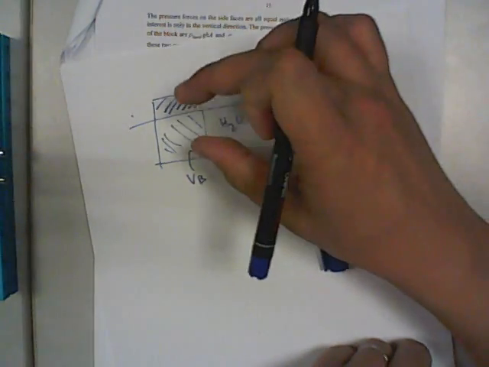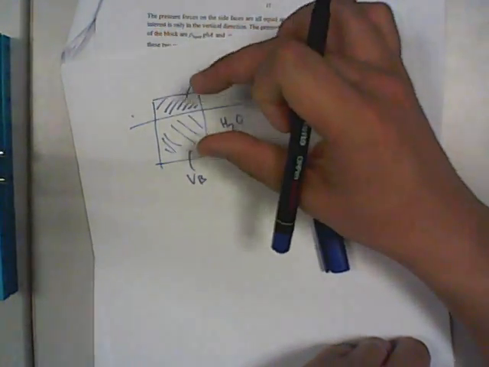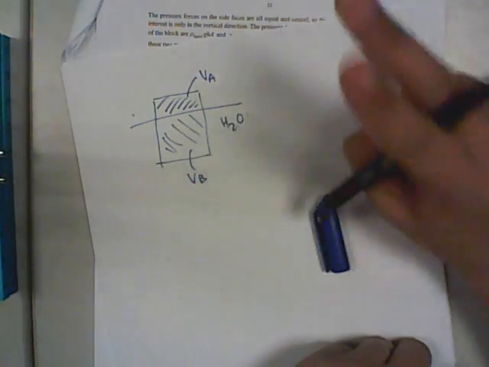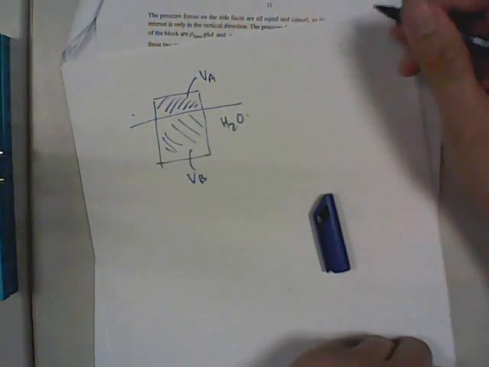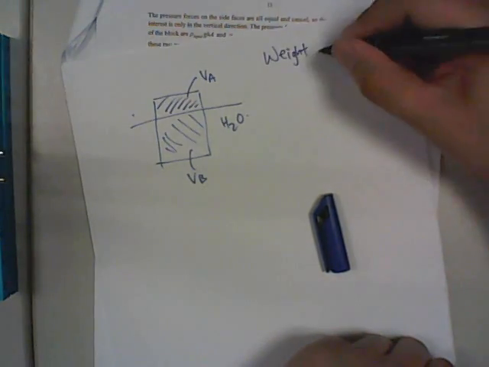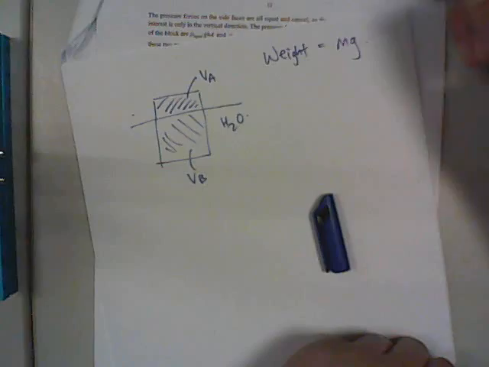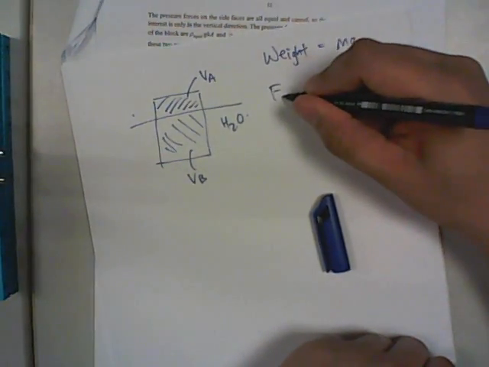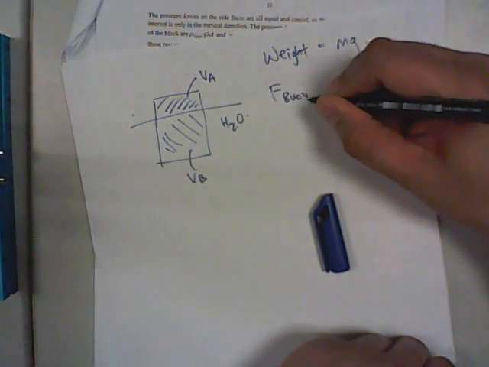So the idea is this: if this object is floating on water, it will have two forces acting on this particular object. One is the weight of the object, which is mg. The other is the buoyancy force.